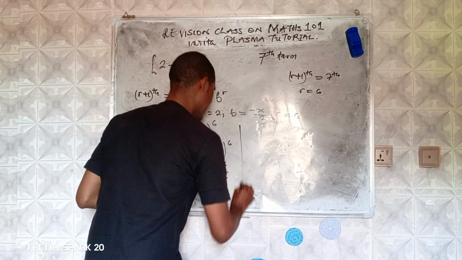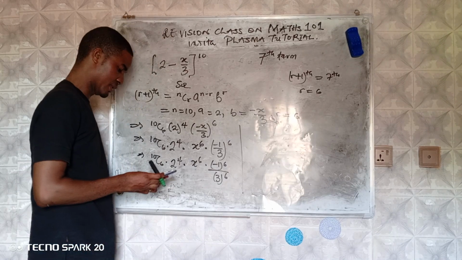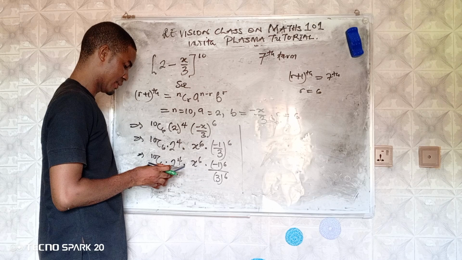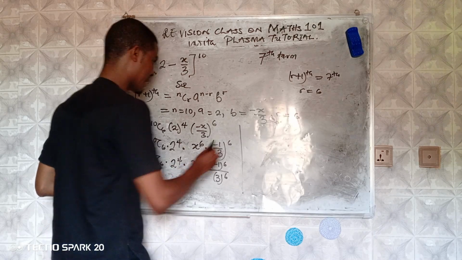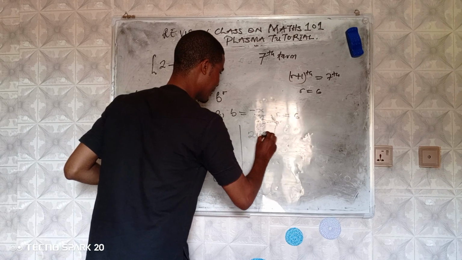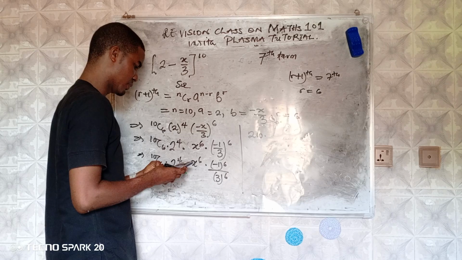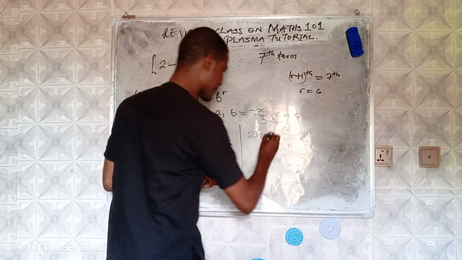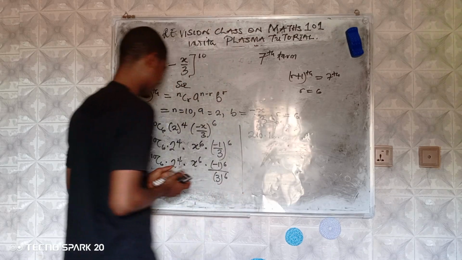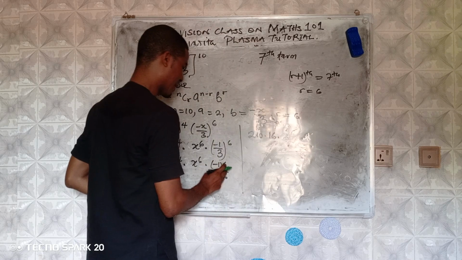Now, trying to put this expression in a better way, I get hold of my calculator. 10 combined 6 will give me 210. I have 210 times 2 raised to power 4, which is 16, times x raised to power 6 times minus 1 raised to power 6.